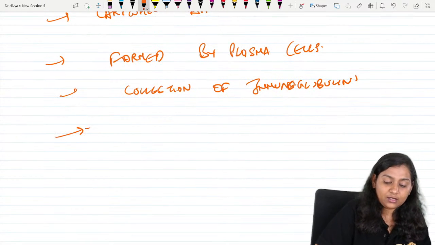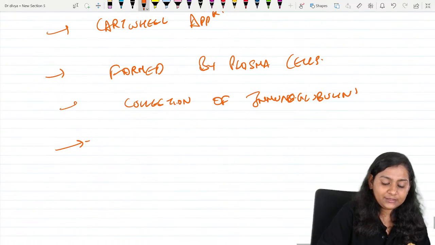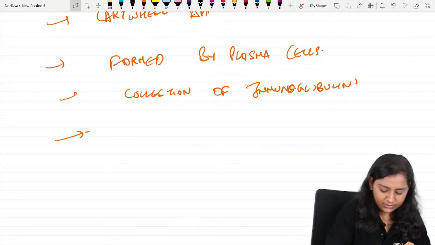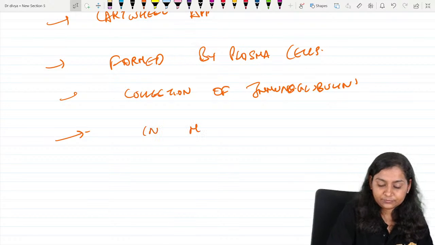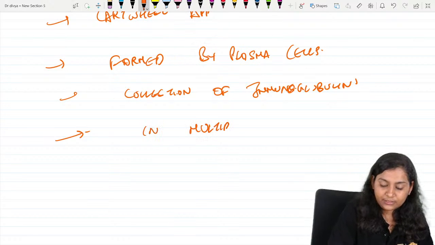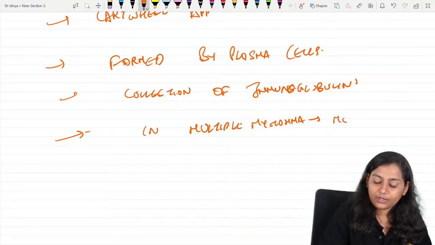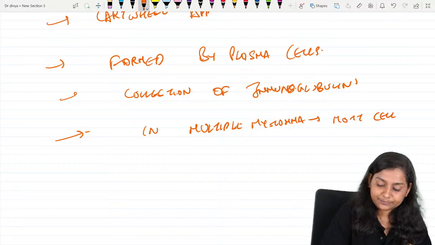Now, when these Russell bodies are present in multiple myeloma, they are called Mott cells.